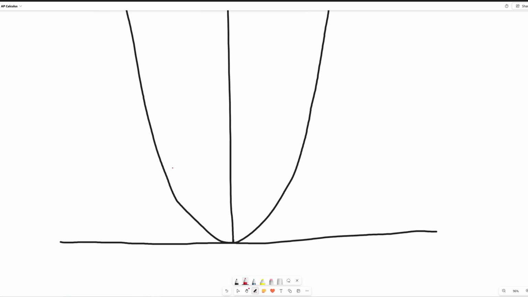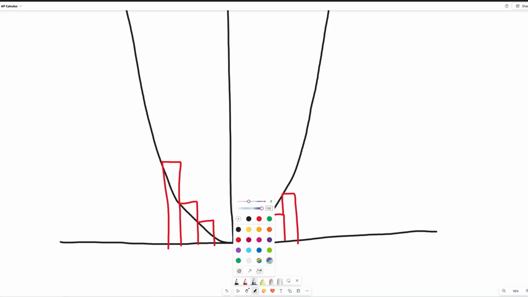So if I were to do one full demonstration, these are left Riemann sums, which you can see are overestimates on decreasing, and then underestimates on increasing. Now I'm going to use this different color to show you that right Riemann sums are underestimates on decreasing, and then overestimates on increasing.